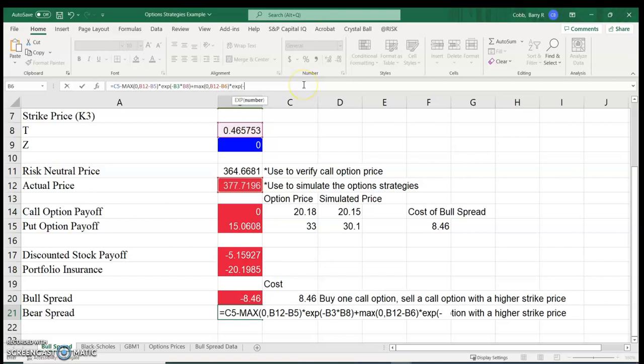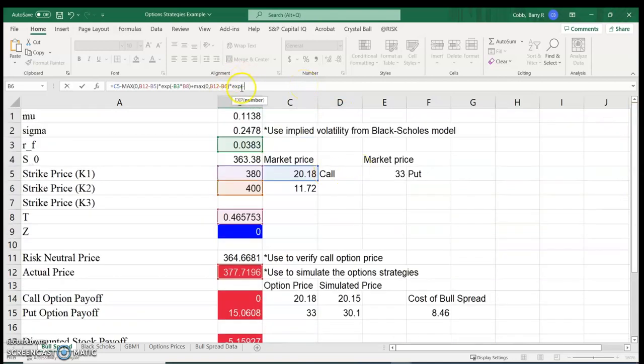The discount factor is the exponential function. Notice this always has a negative sign here because we're discounting it to present terms: risk-free rate times the time to expiration. And then, because we're purchasing this option, we subtract the market price.